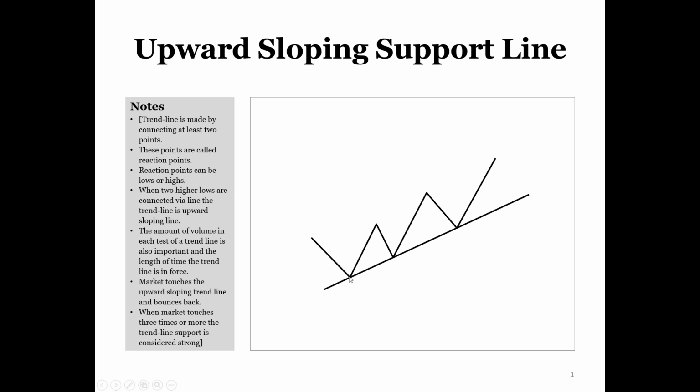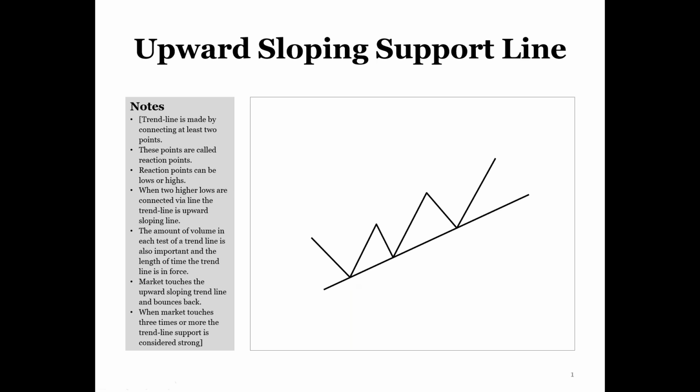So look at this price. It bounced from here and then it reached up. Just imagine a price. It reached this price and then it bounced back down. So when it bounced back down, it made a higher high than this point.